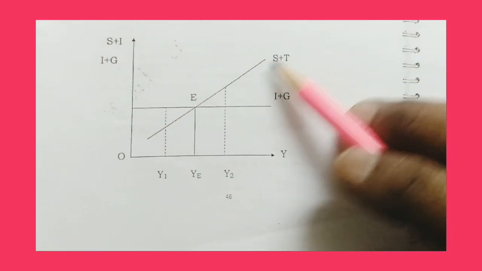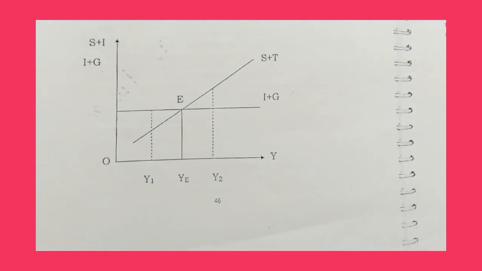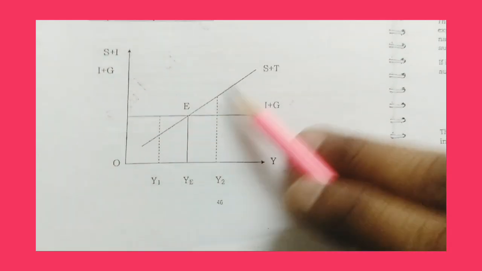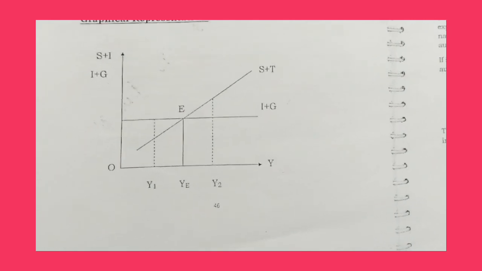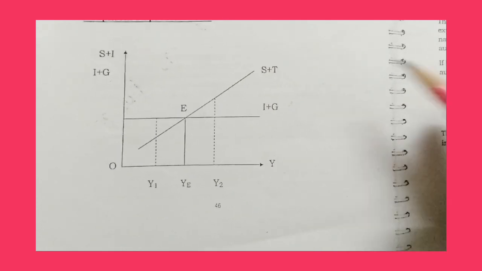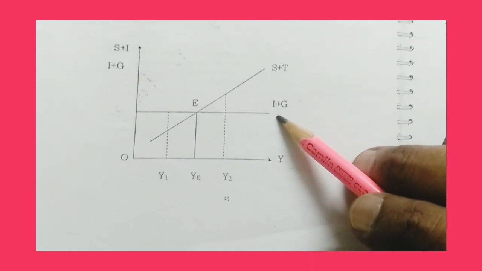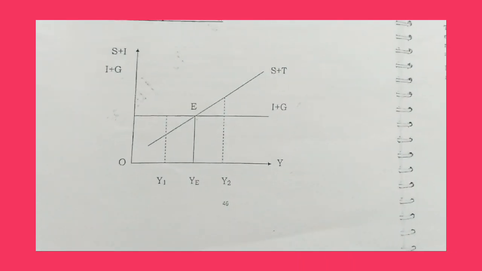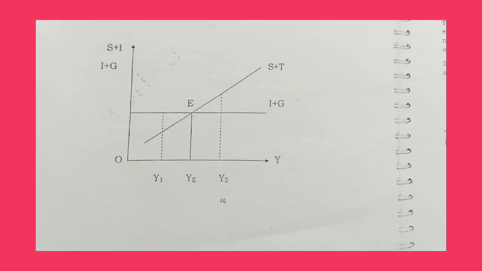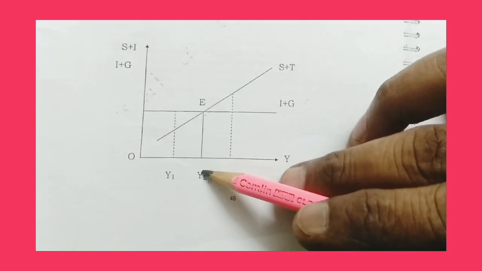S plus T is an upward sloping line showing the direct relationship between saving and income, which shows that when income increases, saving will increase. At point E, saving plus tax equals investment plus G, showing the equality between S plus T and I plus G. Corresponding to this equality, income reaches the equilibrium level, that is YE.